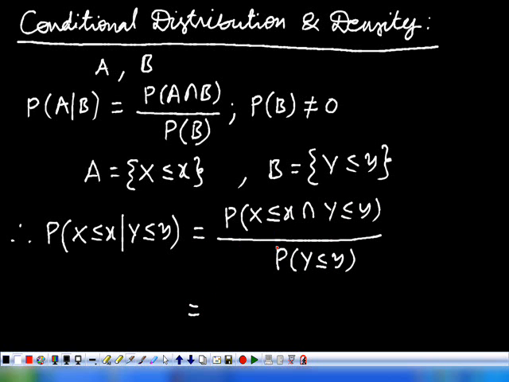We already know that the probability of X less than or equal to x and Y less than or equal to y is equivalent to the joint CDF.